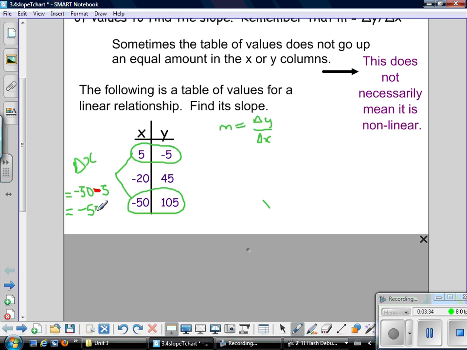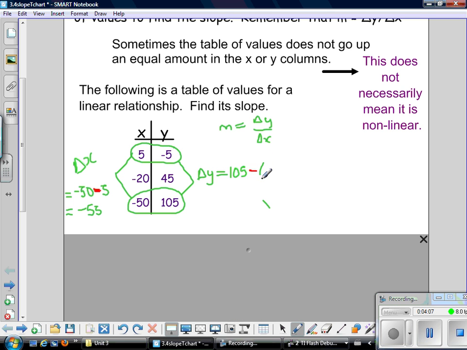Now let's look at our delta y's. It's important to notice that I started with negative 50, so I started with this bottom point. So I must start with the 105, and I'm going to subtract negative 5 from that.